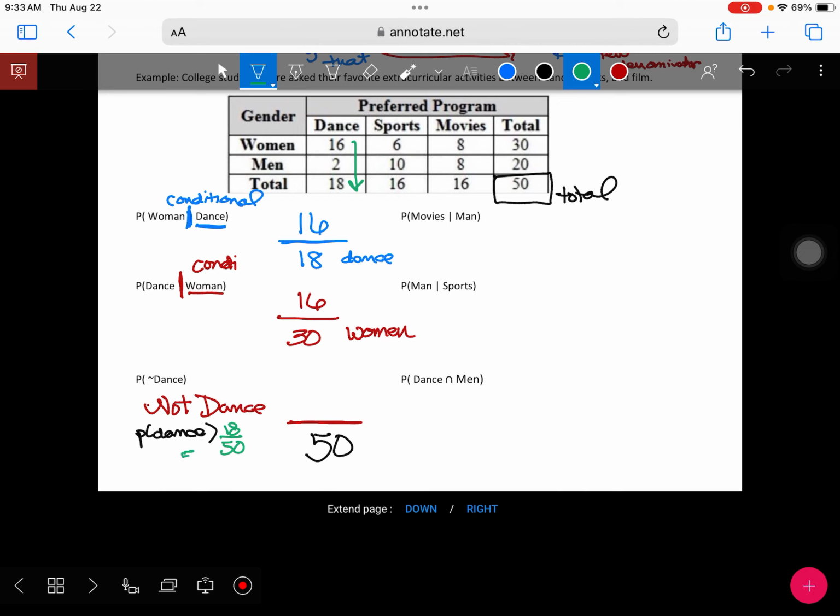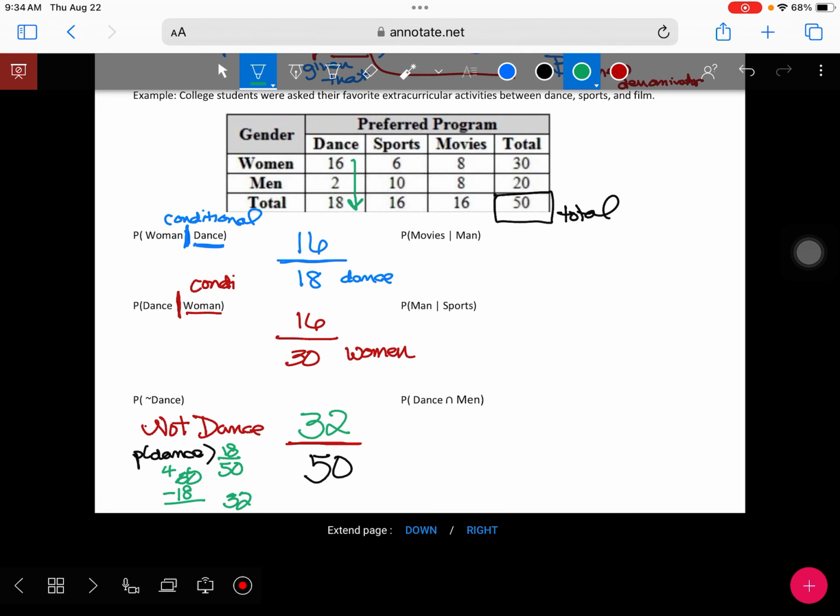Take 50, your total amount, minus the 18 that like to dance, which leaves you with 32. Because the 18 who dance plus the 32 gives you the 50. Any questions on that? Does that make sense? Because I think people still have problems with the not.